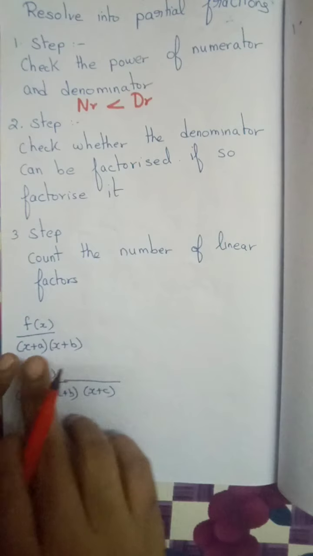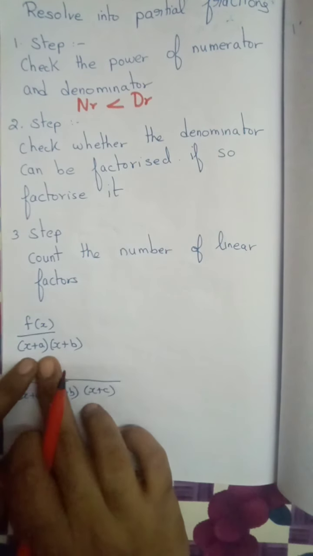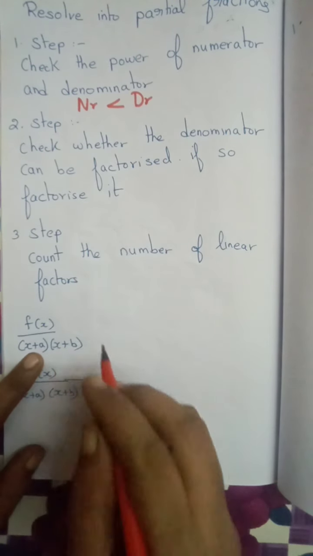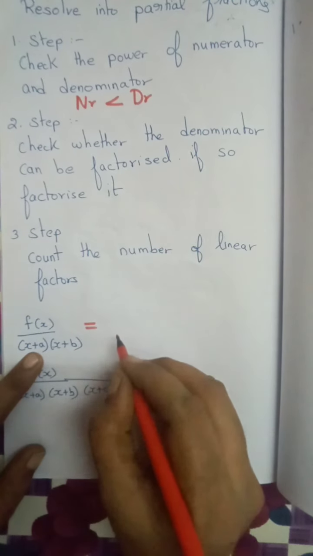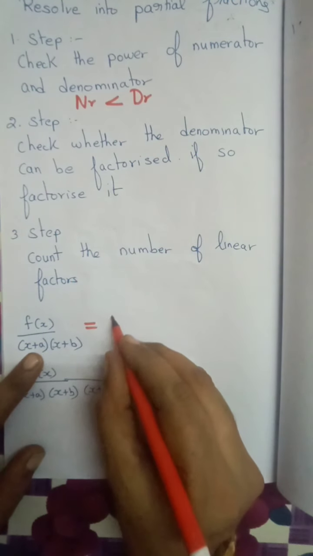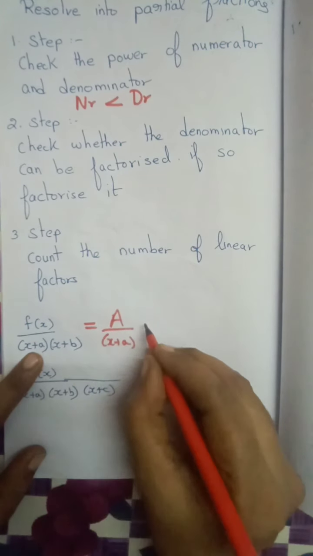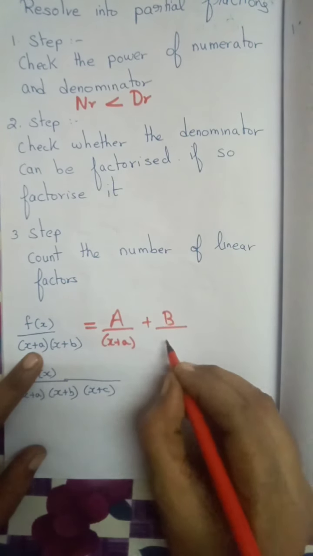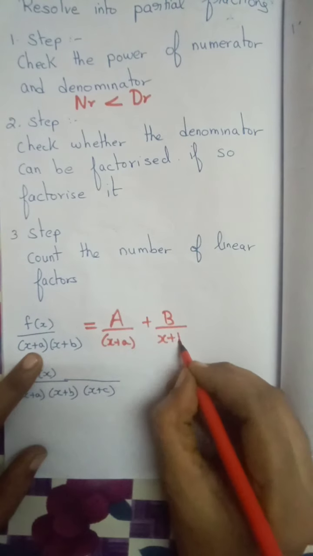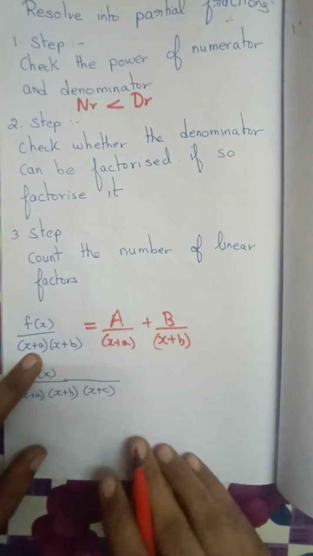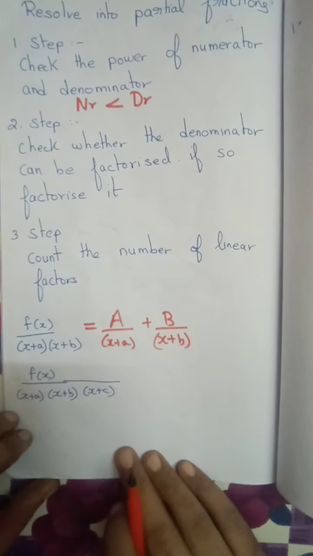So we have to count the number of linear factors. If there are 2 linear factors, this particular fraction can be resolved as A by x plus a, plus B by x plus b. Actually this A and B are some numbers which we have to find out.